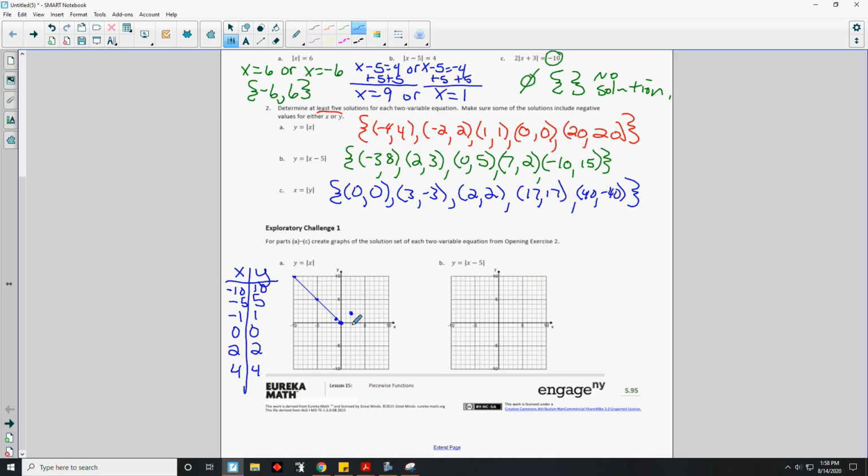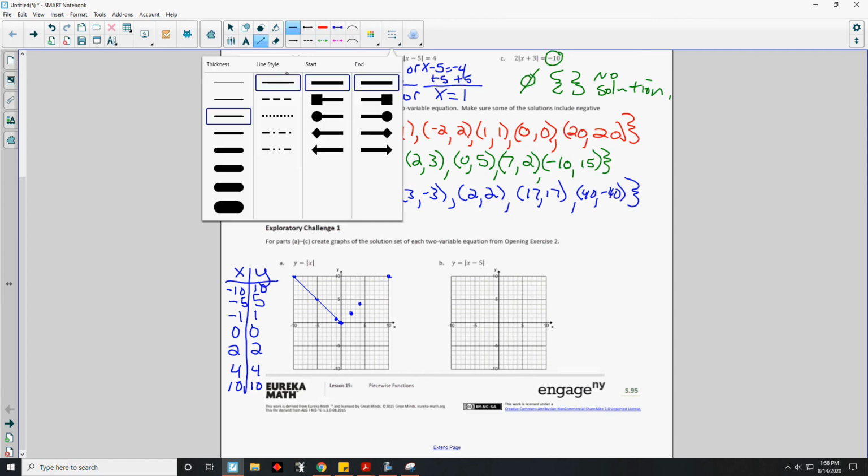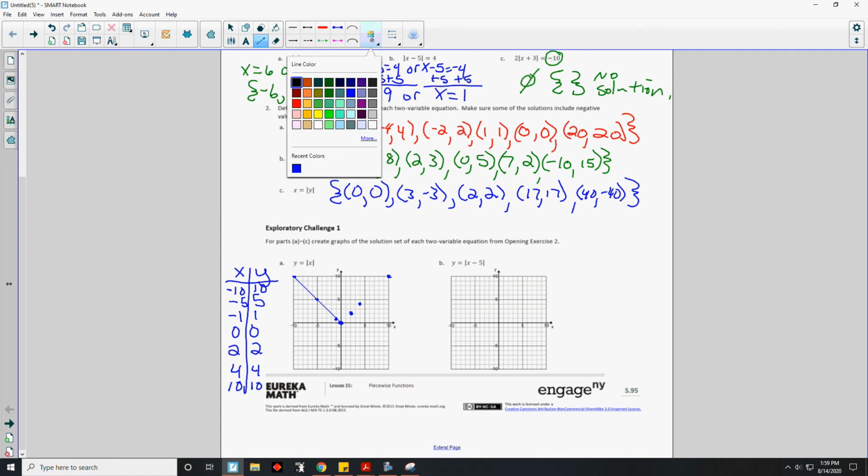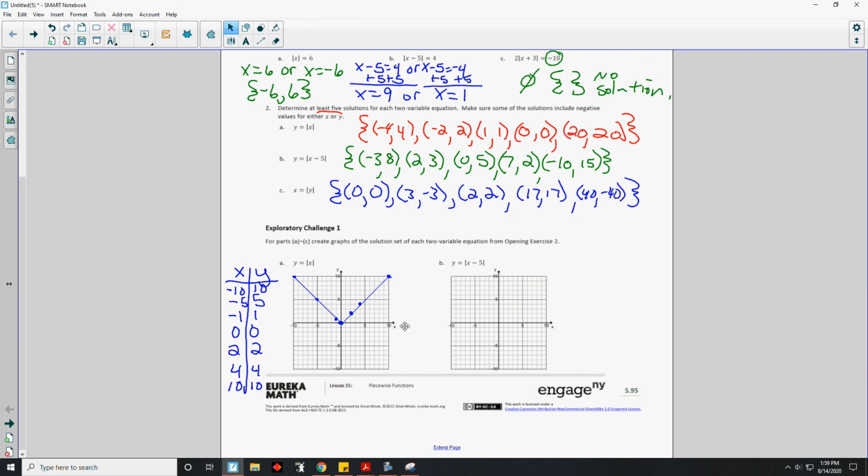The absolute value of 4 is 4, so that's over 4, up 4, which is here. And then how about 10? Absolute value of 10 is 10, so that's over to the right 10 and up 10 right there. And then I draw a straight, neat line with a ruler if you're not using a program like me. And you draw a nice straight line like so. And there is the absolute value of x.